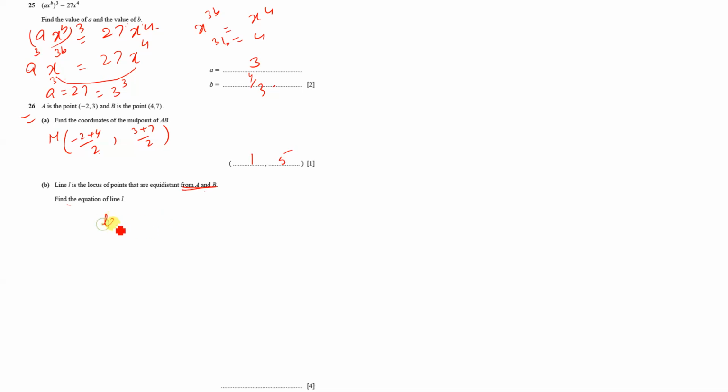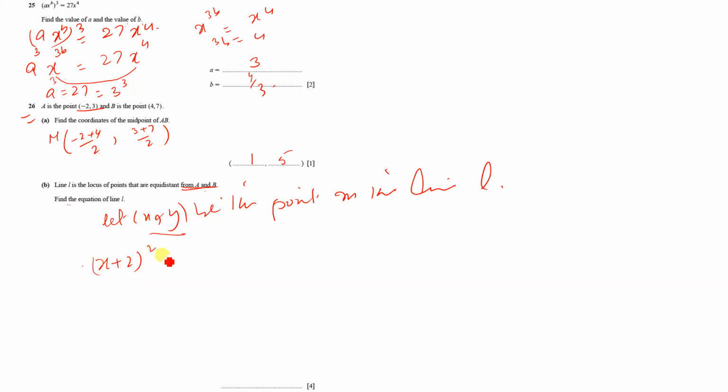We'll assume that (x, y) is a point on the line L. Then since every point on the line is equidistant from A and B, the distance of this point from A, which is the point (-2, 3), would be the square root of (x plus 2) squared plus (y minus 3) squared, and the distance of (x, y) from point B would be the square root of (x minus 4) squared plus (y minus 7) squared.